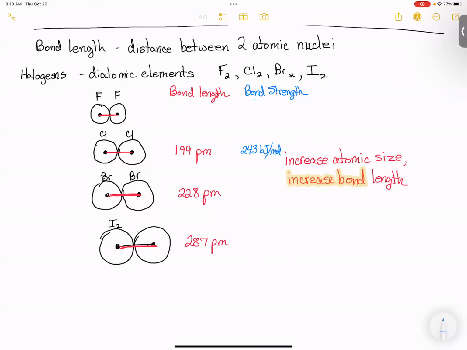That is the amount of energy that must be added to break the bond. For bromine, it's 193 kilojoules per mole. And for iodine, it's 151 kilojoules per mole.